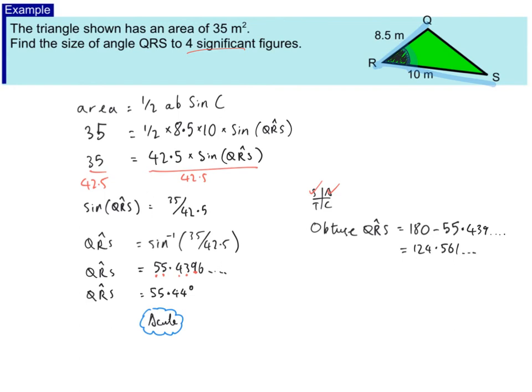I'm wanting to round to 4 significant figures, so I'll have 1, 2, 4, 5, and then the 6 is going to make me round that up. So the obtuse angle will be 124.6 degrees, and that's the obtuse solution.